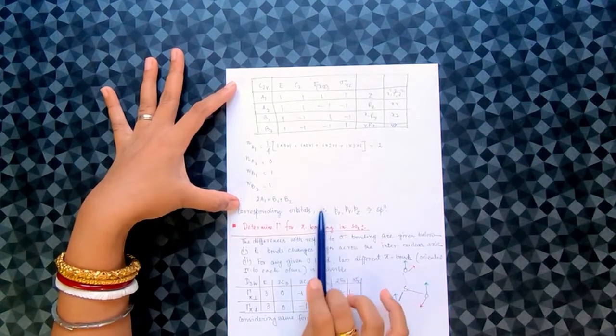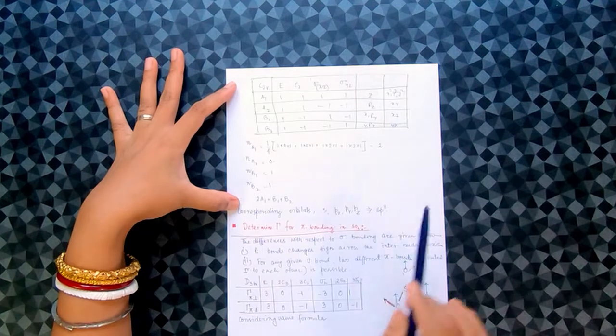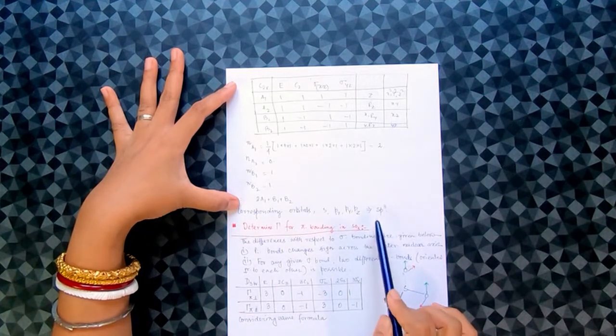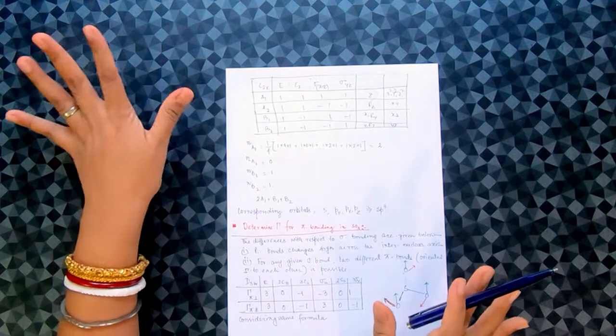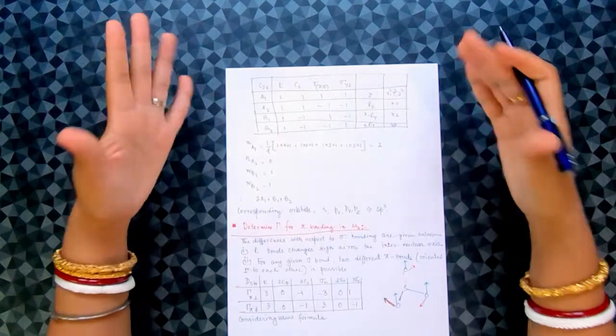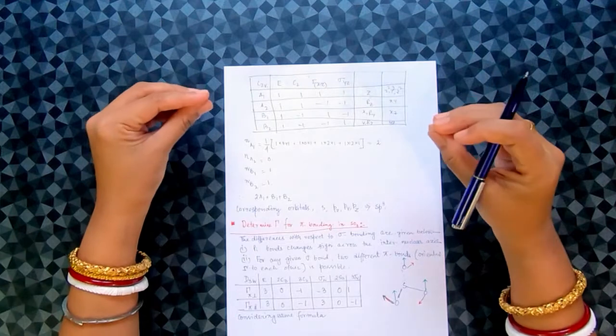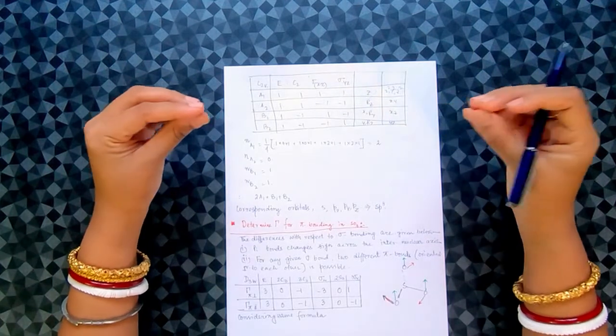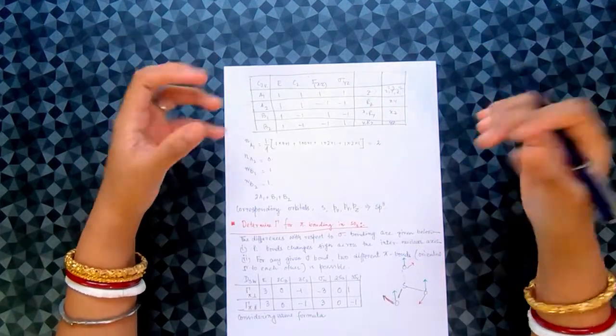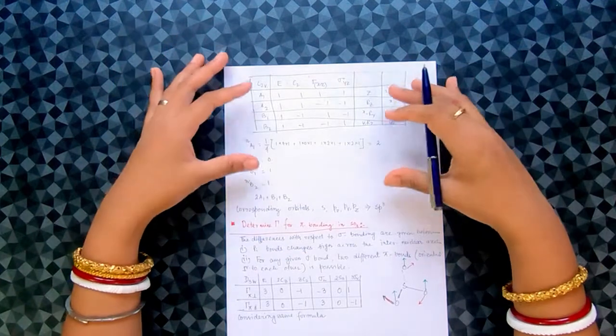These 4 orbitals are involved. So mostly this is sp3 hybridization. This is one way we can determine which orbitals are involved in the bonding of a molecule.